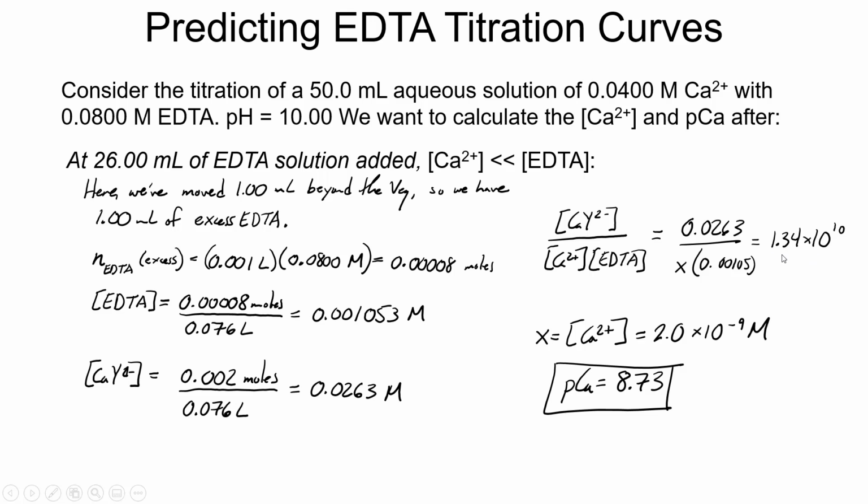We are going to multiply both sides by X, and divide both sides by 1.34 times 10 to the 10th. And if I've done my work right here, you should find that the concentration of calcium is equal to 2.0 times 10 to the minus 9th molar. If we take the negative base 10 log of that, we find that the pCa value 1 mL beyond the equivalence point is 8.7.